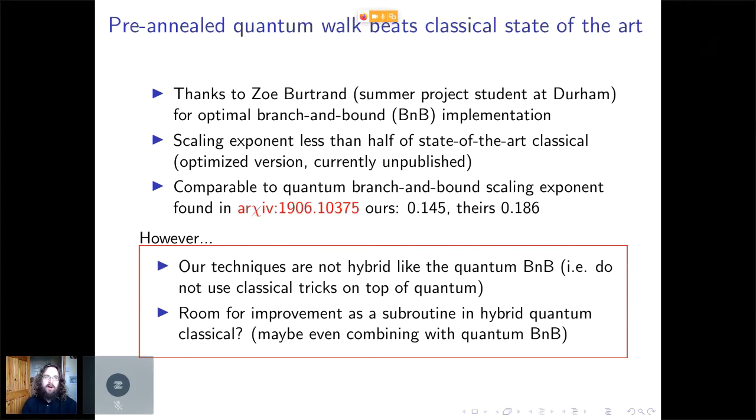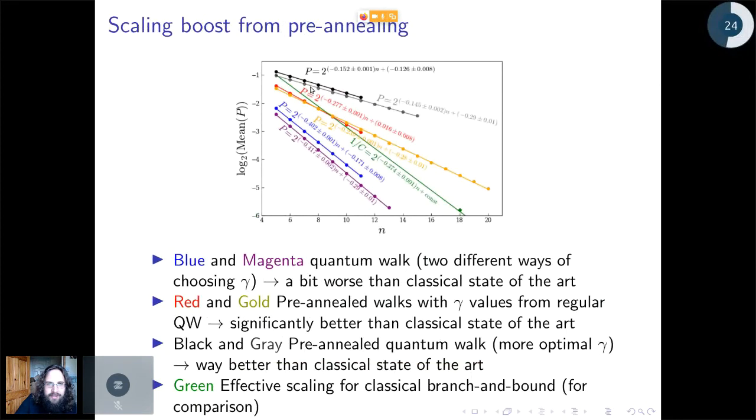This is cool. The pre-annealed quantum walk seems to beat the classical state of the art. There are all the caveats that these are finite size simulations. Maybe something changes when you get to larger sizes. However, if you look at these log linear plots, these are very straight lines.